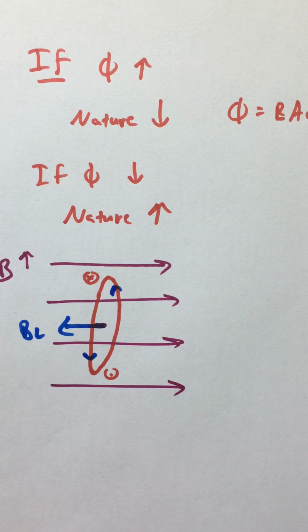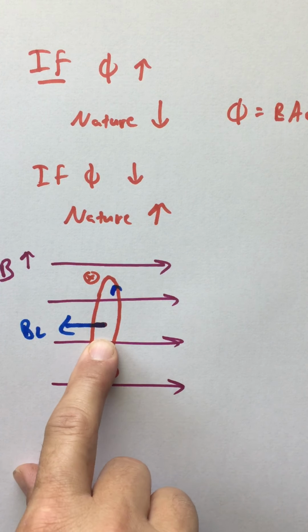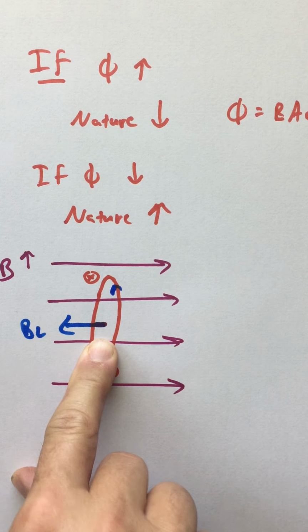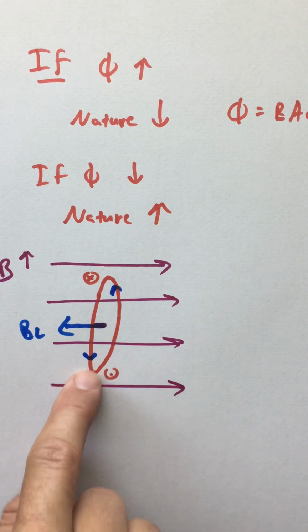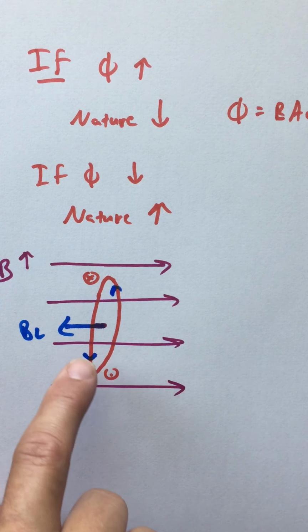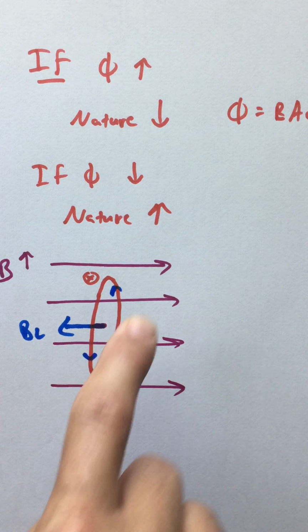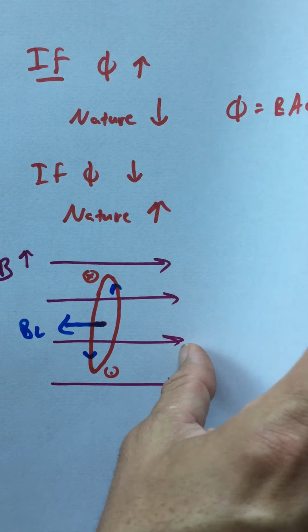Now I use my right-hand rule to tell me the direction of the current that will produce this field. So the current's flowing because the change in flux induces the current. The current is in this direction because it induces a magnetic field to counteract the change in flux. Okay, it's a few steps away, but it's okay. It just takes a little practice.